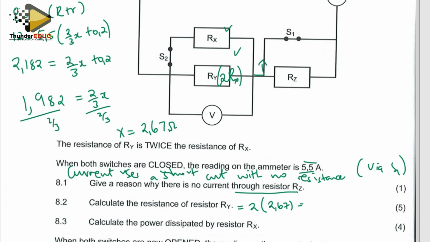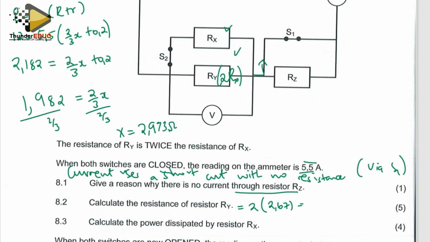Let me check again: 1,982, multiply by 3, divide by 2. There's a problem, guys. What's wrong with my calculator? I'm getting a different answer, it's 2,973.